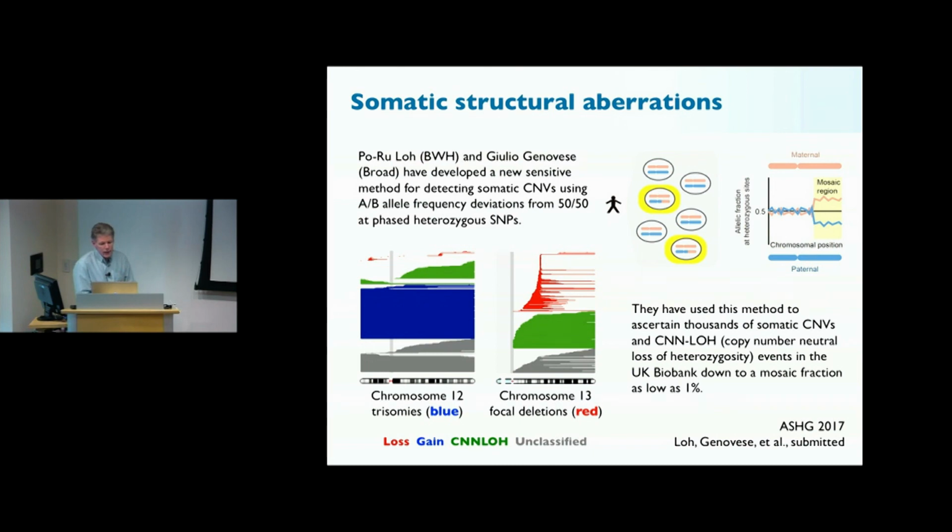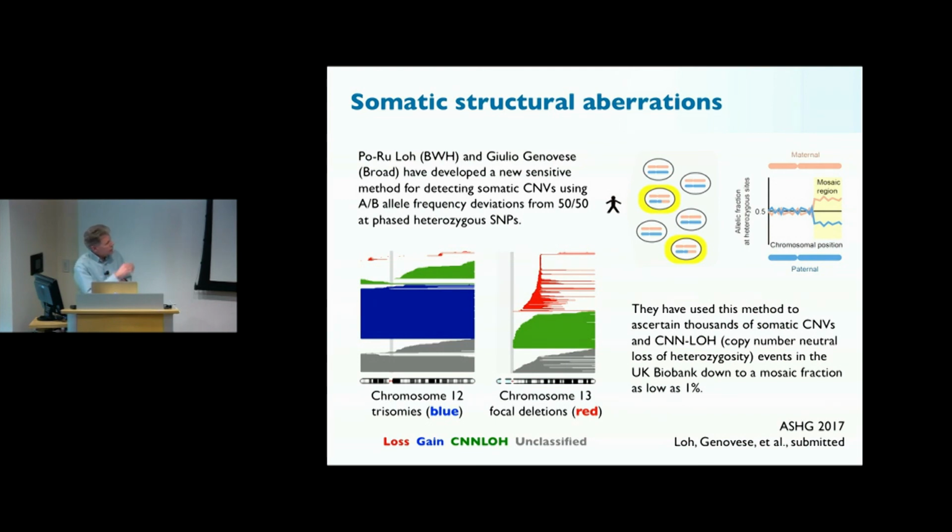And they've applied this method to the UK Biobank, where they've ascertained thousands and thousands of these mosaic copy number variants in blood, down to a fraction as low as like 1%. And Poru gave a very nice talk about this at ASHG this fall.